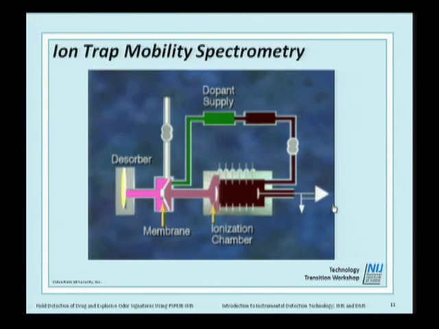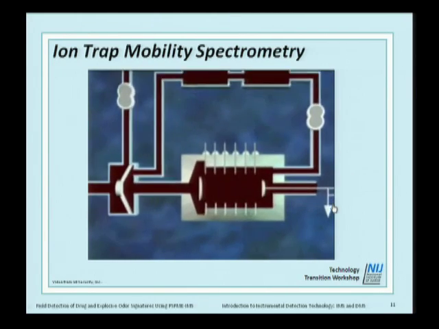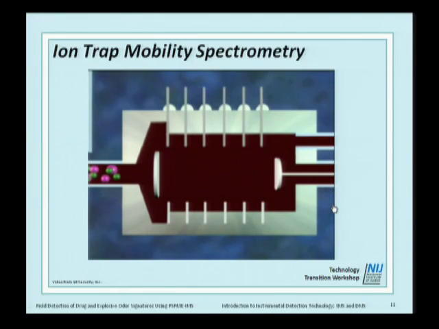The dopants are circulated inside the detector by the same pump that draws the sample into the detector. The dopants help to ensure that contraband substances are fully ionized and simultaneously prevent the ionization of other substances that are not targeted for detection. Once the ions are created, an electric field is used to propel them from the ion trap at the front of the detector to the collector electrode at the other end.